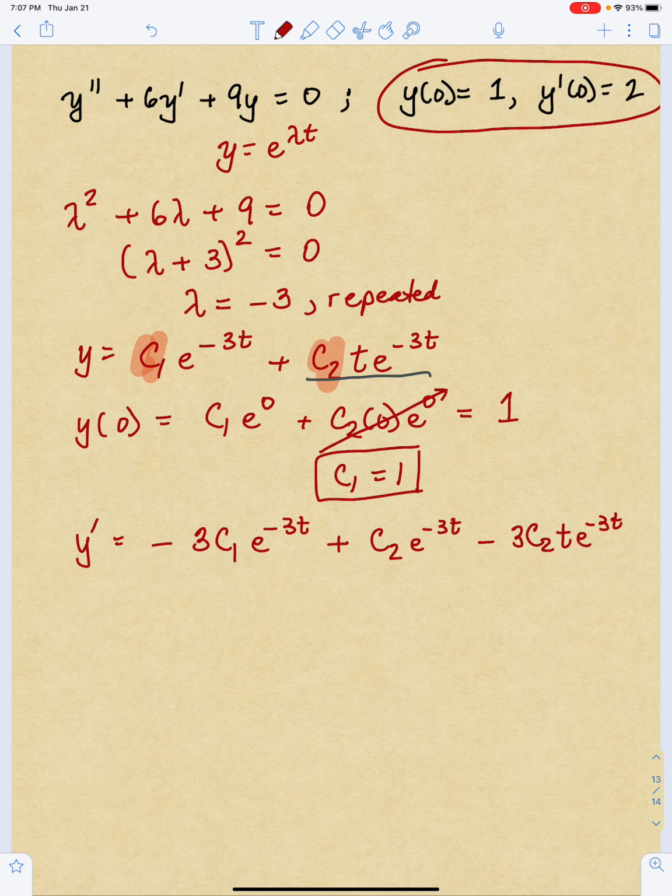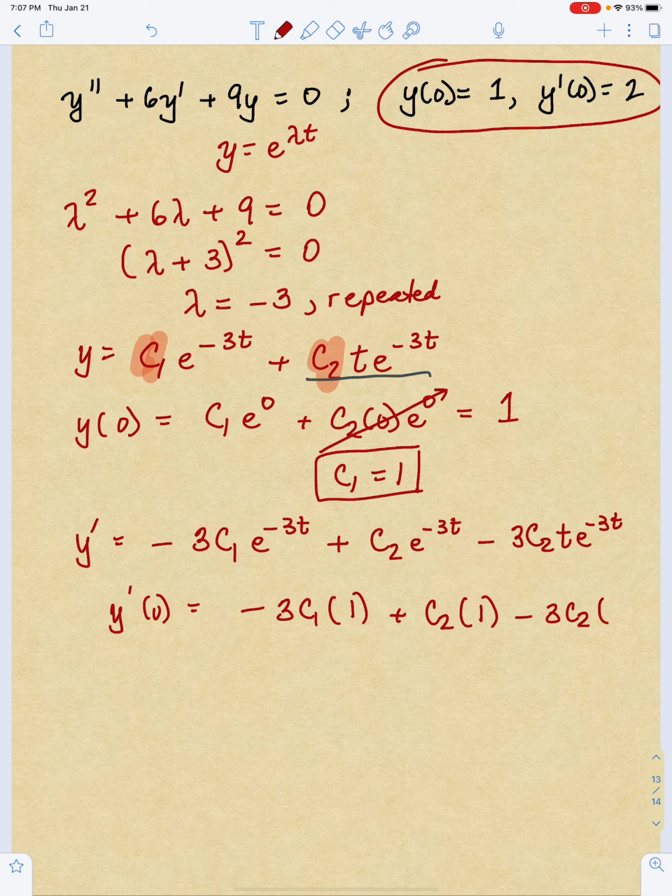And since this is pretty much the end of the road for derivatives, we can just use this without having to combine like terms, although there are no like terms to combine, so I guess that doesn't matter anyway. So we have, y prime at 0 is equal to -3 c1 times e to the 0, which is 1, plus c2 times e to the 0, which is 1, minus 3 c2, t is 0, e to the 0, so this whole term just goes away.